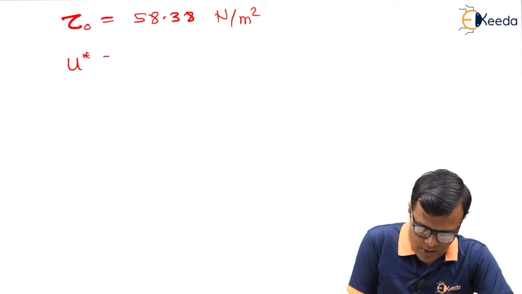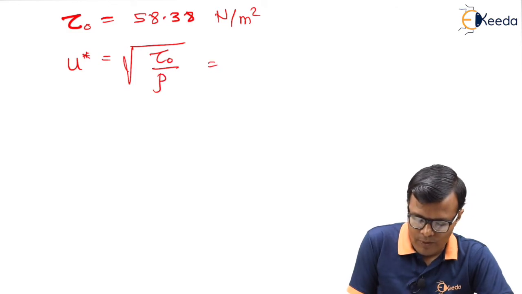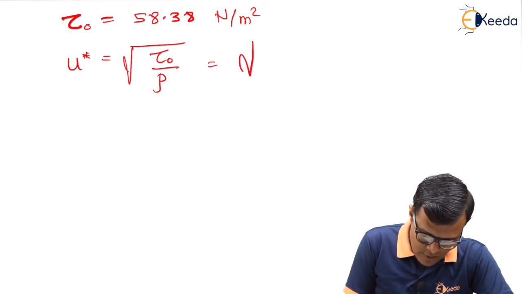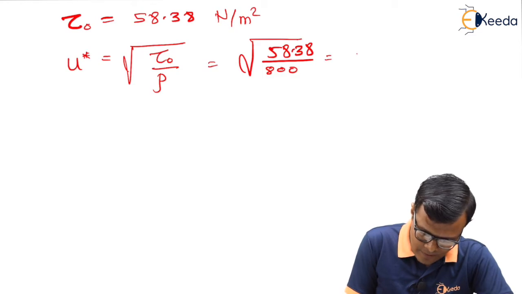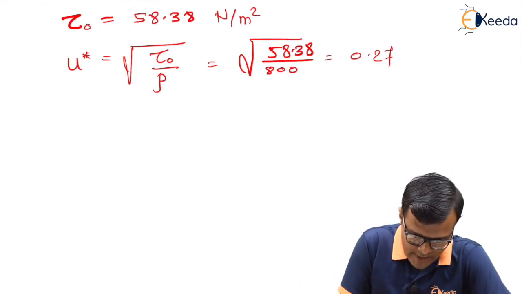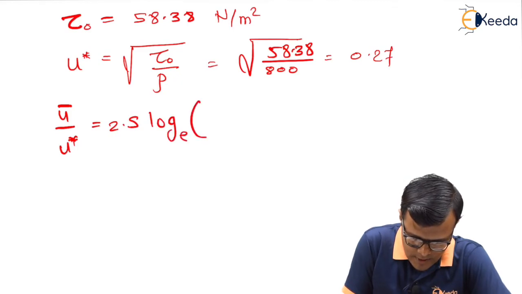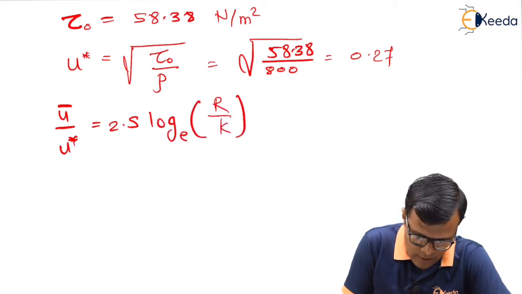Next, u star is equal to under root of tau node upon rho. So u star can be calculated as under root of 58.38 divided by 800, that is equal to 0.27. The basic formula for calculation of height of protrusion is u bar upon u star is equal to 2.5 log to the base e of R upon k plus 8.5.